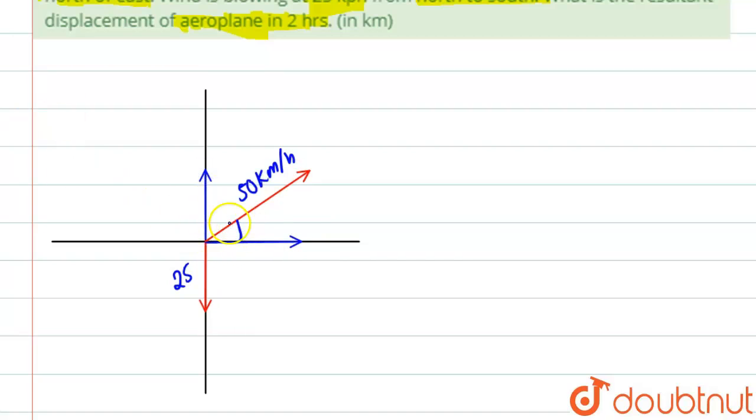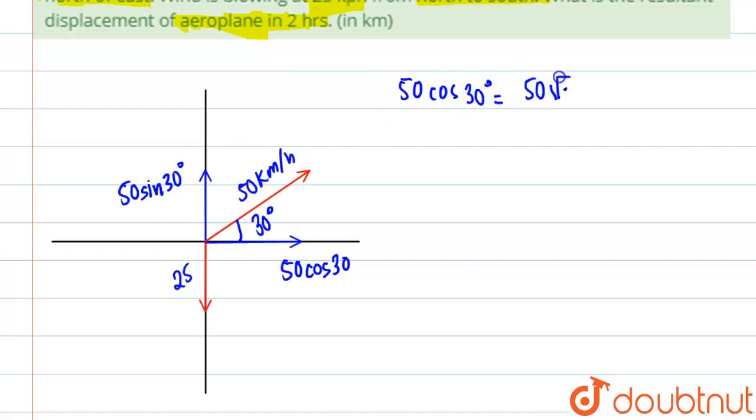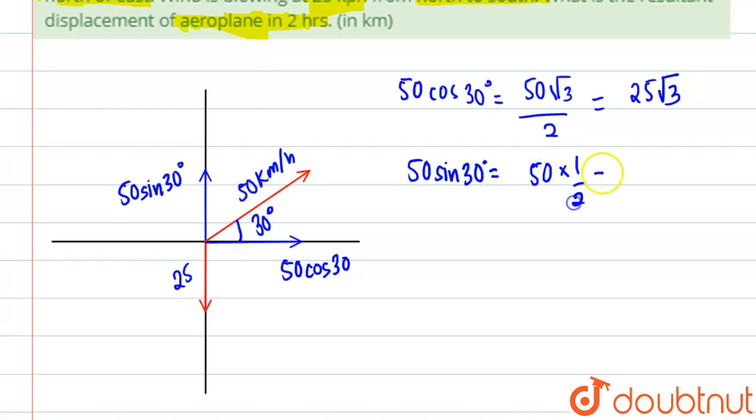Since this angle is 30 degrees, it will be 50 cos 30 and this will be 50 sin 30. So 50 cos 30 degrees is equal to 50 root 3 by 2, which is 25 root 3. And 50 sin 30 is 50 into half, which is 25.